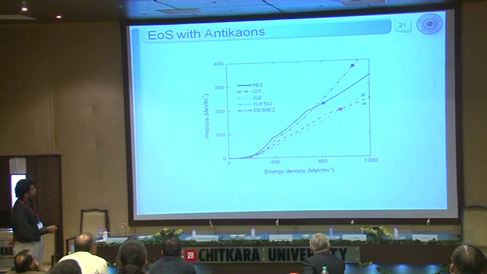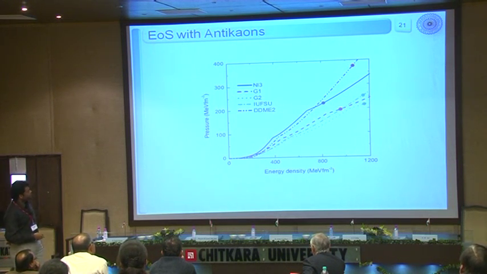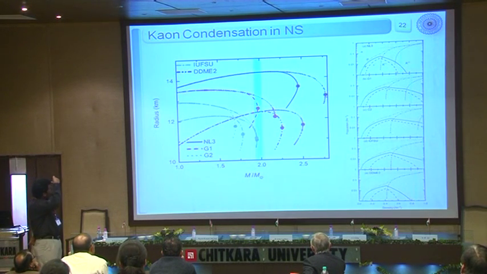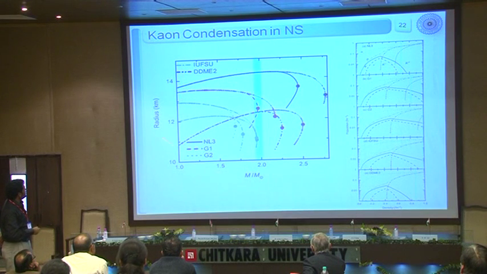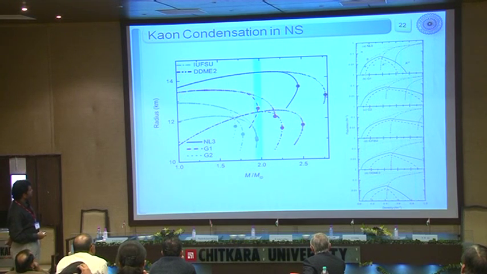It's a similar case with G2, G1 also. So G1 becomes much softer than IUFSU, though IUFSU tends to be softer than the rest. So these are the corresponding neutron star radius and mass relations for different interactions. Here there are a few interesting points.